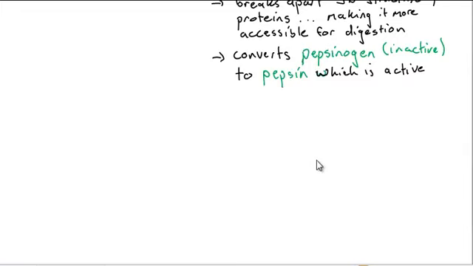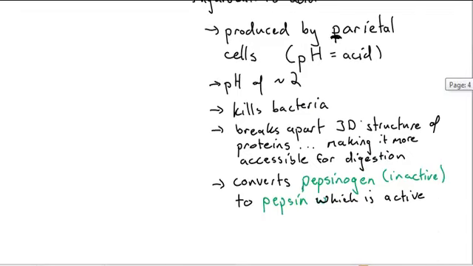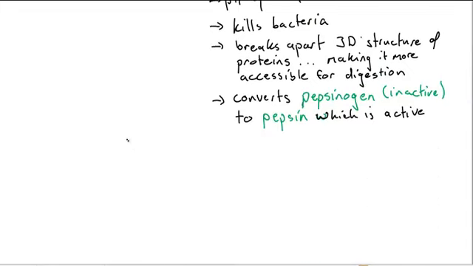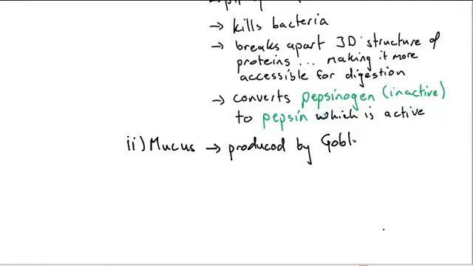Okay. The next ingredient of gastric juices is mucus. And this is produced by goblet cells. And I find this easy to remember because gob just makes me think of mucus.